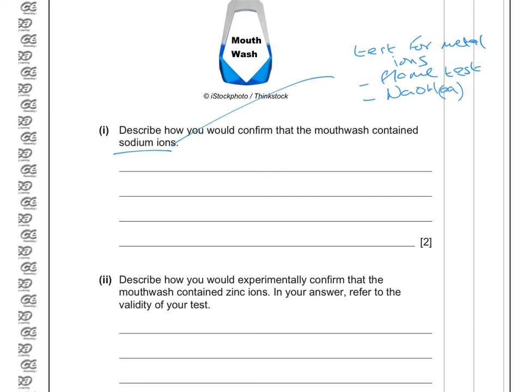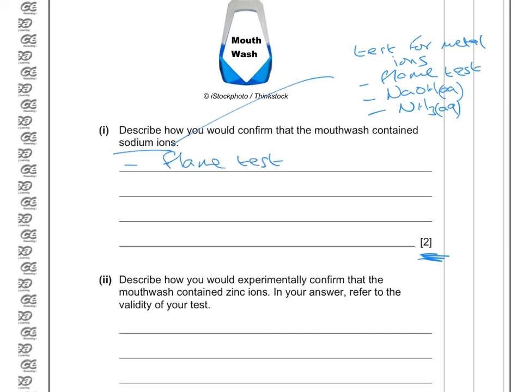And a similar thing to that would be to use aqueous ammonia. Now, sodium ions don't produce any results with sodium hydroxide or ammonia solution. Therefore, we have to use a flame test. Now, there are only 2 marks, so it's not looking for a lot of detail here. So you could just simply write flame test.